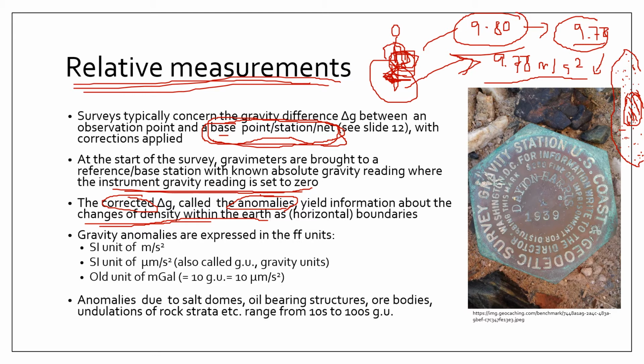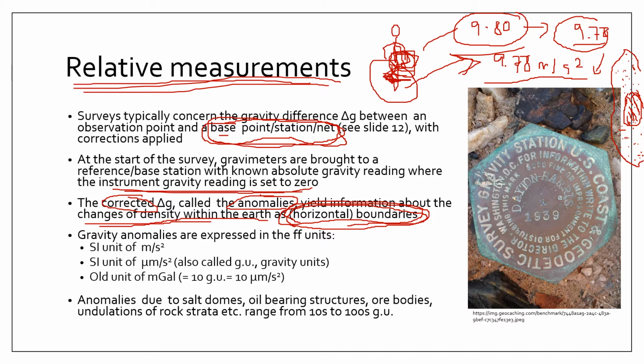So when we are talking about the crust, we are talking about somewhere between a few meters and a few kilometers. Okay, and also remember in gravity that the most basic info that we get is the horizontal changes in the density. All right.